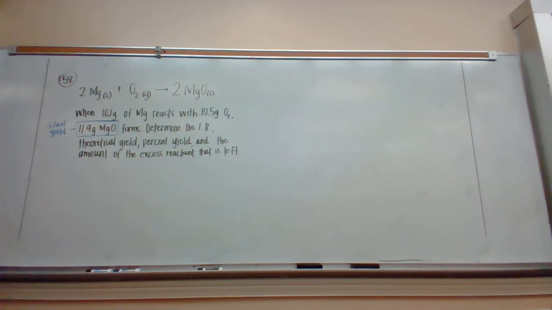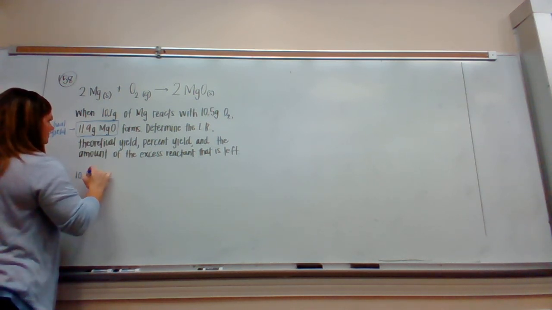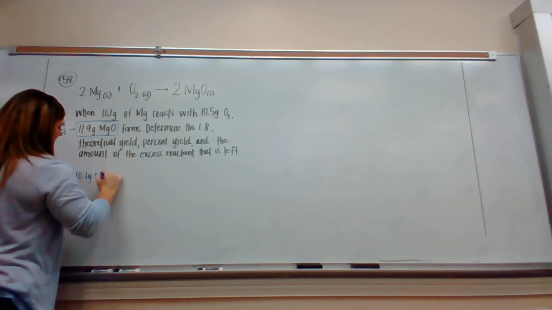Okay. So we've now got to go from magnesium to magnesium oxide, then oxygen to magnesium oxide to determine limiting reactant and theoretical yield. So let's do it. 10.1 grams of magnesium.